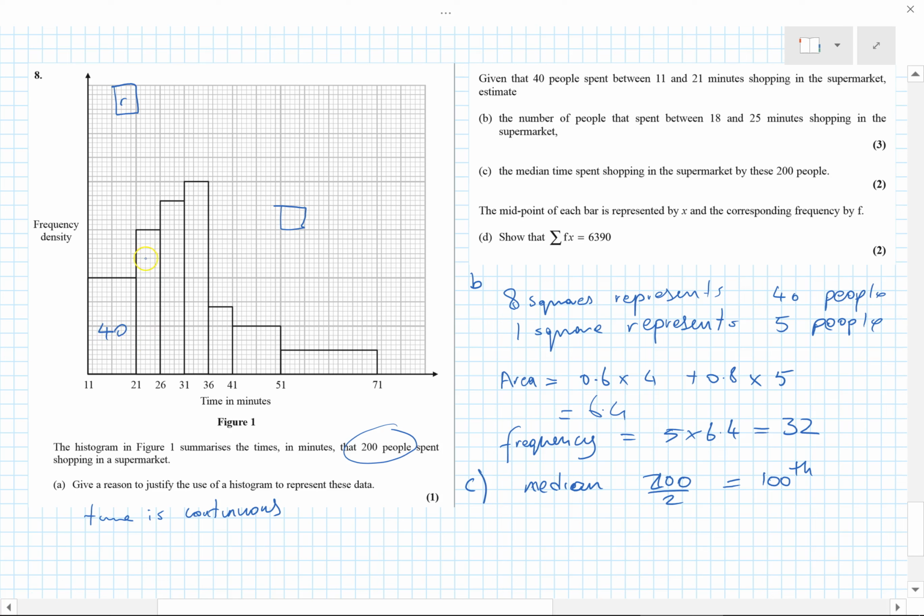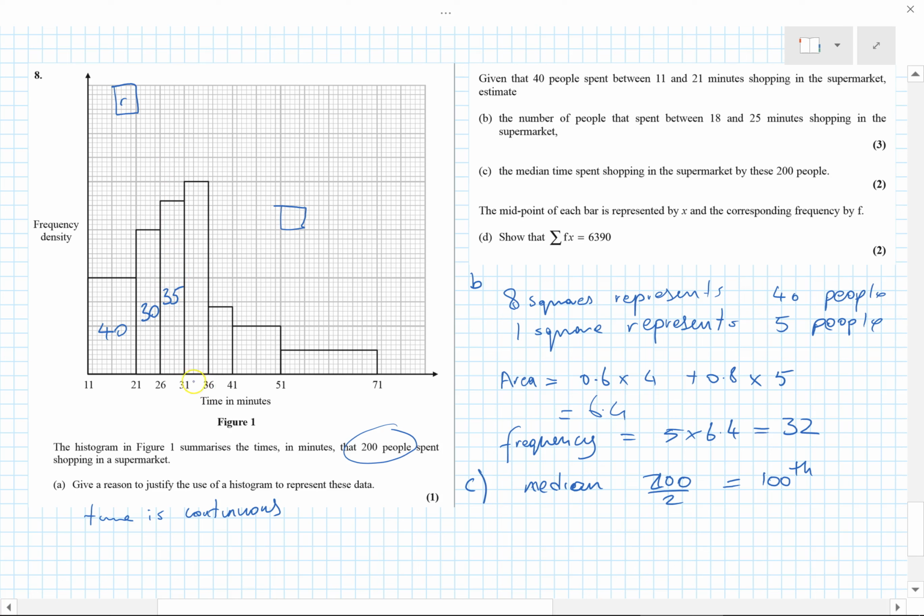In this one, as we've seen, we've got 1, 2, 3, 4, 5, 6. So that is 6 times 5, a total of 30. And here we've got 7 squares. If you look carefully, I've not marked it very well, but it's 7. So that's got a frequency of 35.